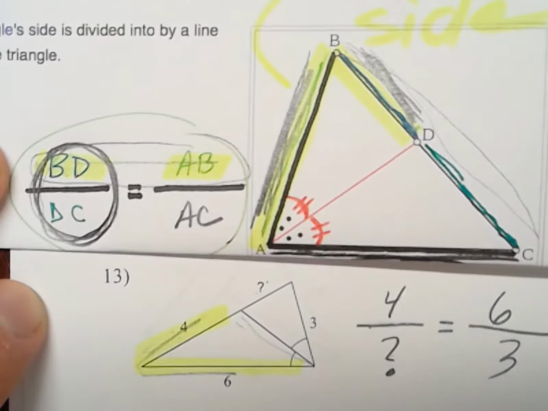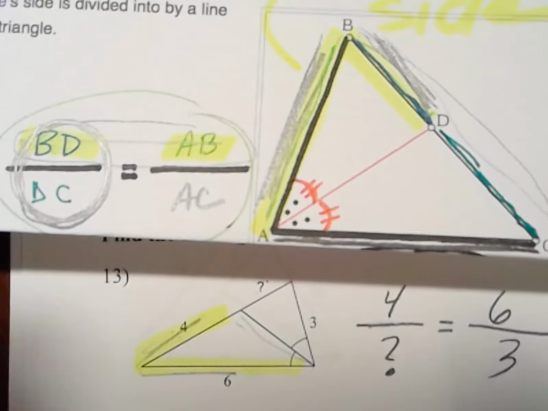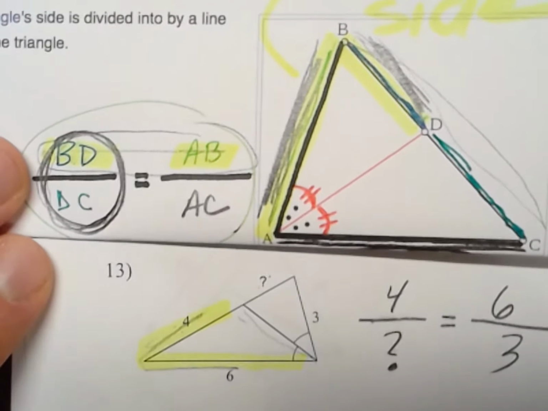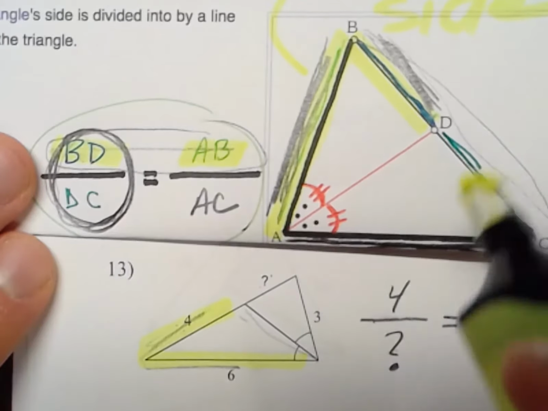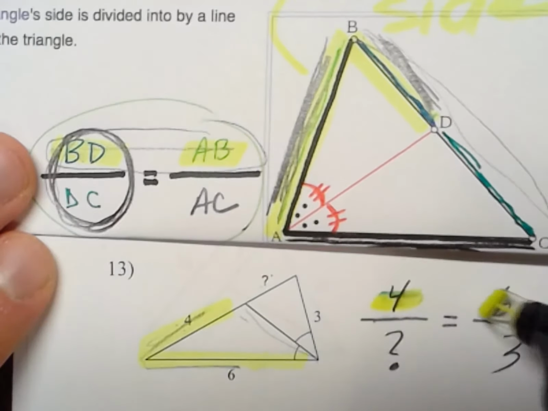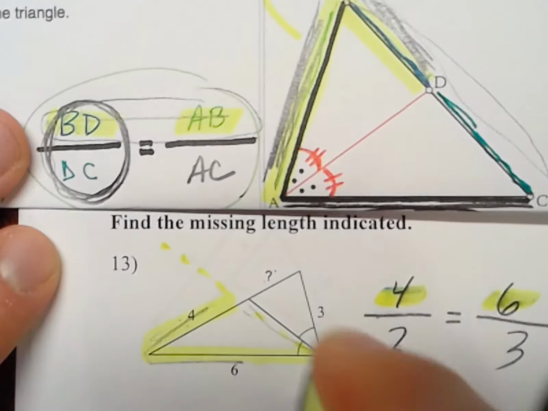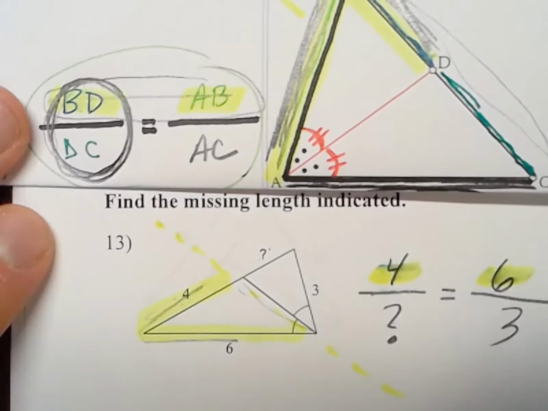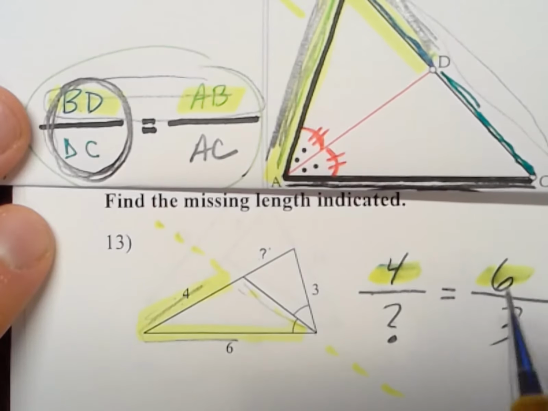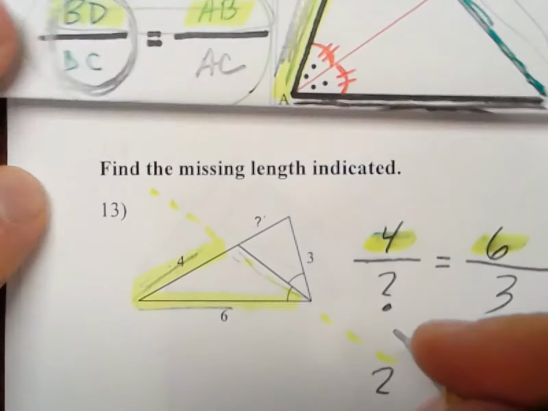So essentially what you're doing here is matching up. So the 4 and the 6 should be on the same side of the fraction, and they are, because they're from the same side of the triangle. Okay? And so then if we wanted to solve for this, we could take the whole thing to reciprocals. Excuse me for yawning. We can take the whole thing to reciprocals.